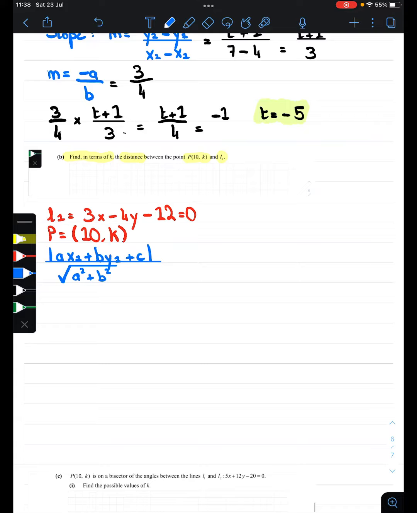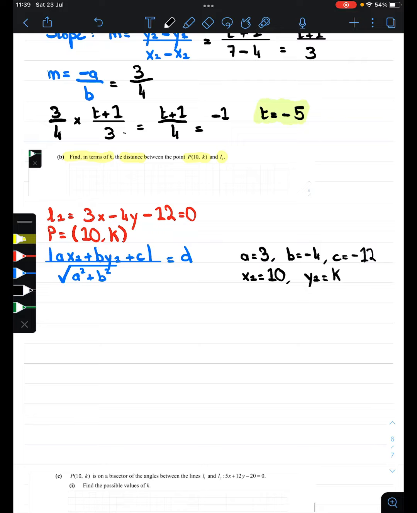Let's call that our distance d. In our case, a is 3, b equals minus 4, and c equals minus 12. And x1 is the x-coordinate of P, which is 10, and y1 is the y-coordinate of P, which is k.